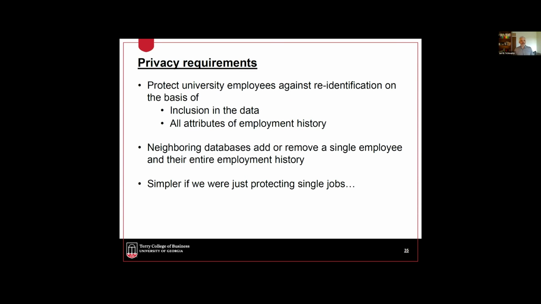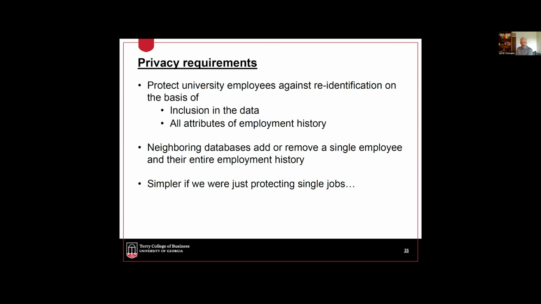So privacy requirements here are to protect the university employees against re-identification on the basis of whether or not they're included in the data at all, and all of the attributes of their employment history. So that means that neighboring databases are going to be those that add or remove a single employee and their entire employment history.